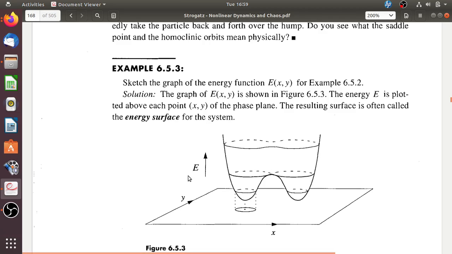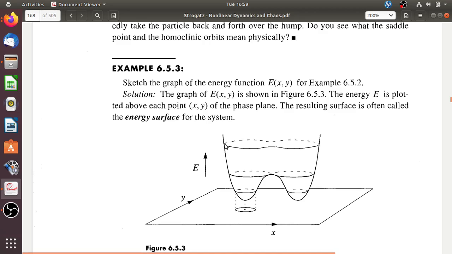So first I will do the plot. In that plot, a particular height, or a particular z value, represents this: when I section this energy surface or energy function with the plane z equal to something, those two will intersect, and that intersection will provide us a trajectory.